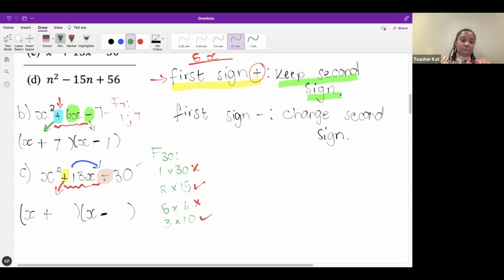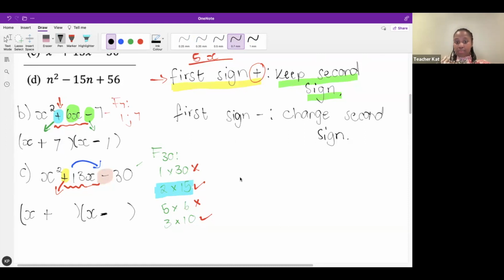Now, I have a positive 13 here. So if I'm going to use 2 and 15, which one has to be positive and which one has to be negative? Let's hear. Which one has to be positive? I want a positive 13 and I have 15 and 2. So what do you guys think?